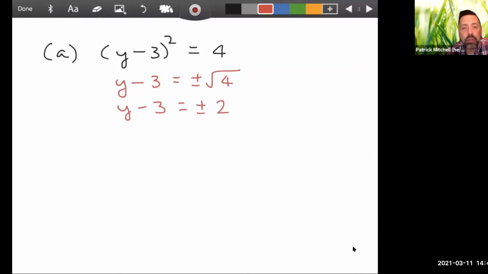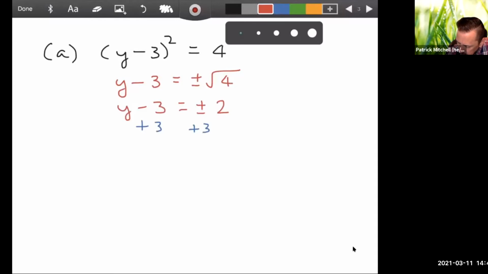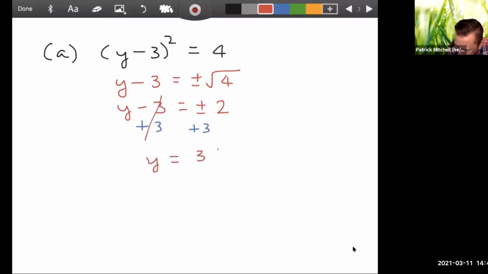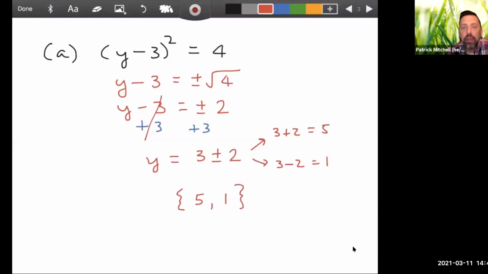The only extra thing that I have to do in this example is now I have to get rid of that minus 3. So we'll add 3 to both sides. And that is going to give me y equals 3 plus or minus 2. In other words, 3 plus 2, which is 5, and 3 minus 2, which is 1. So the solutions of this equation are 5 and 1.